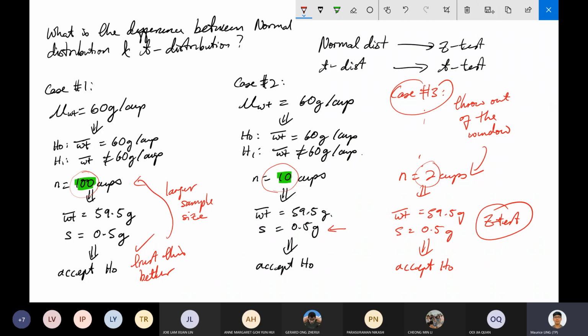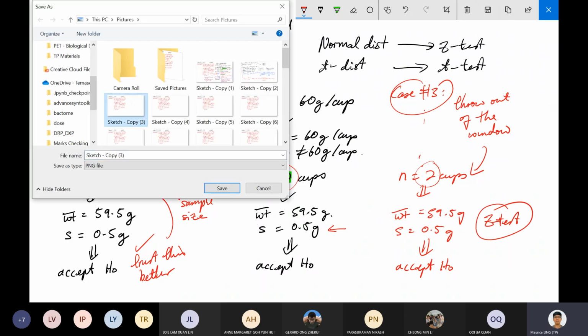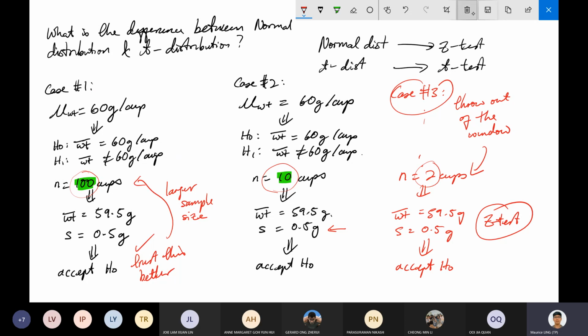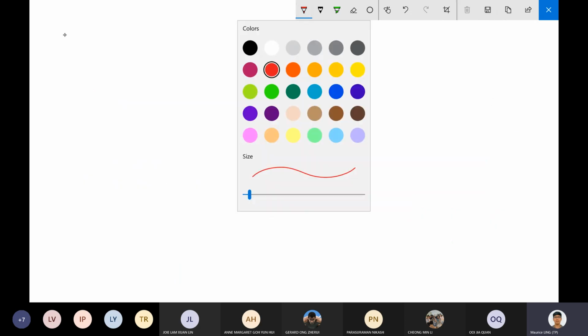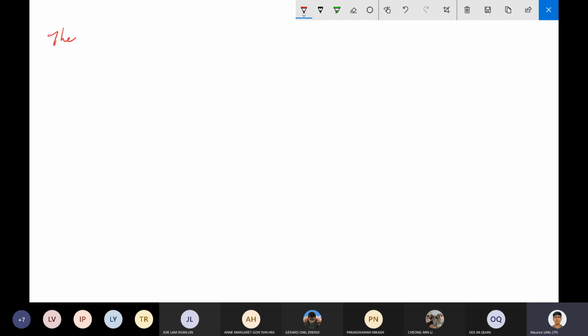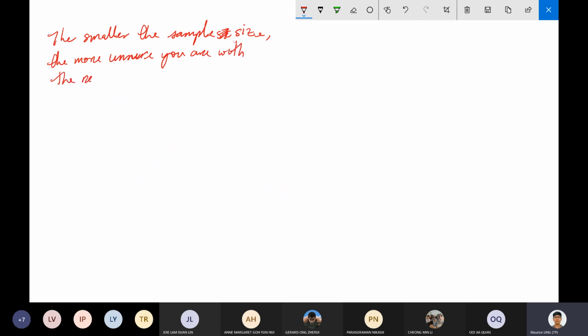Okay, so this concept is actually very important. The smaller the sample size, the more unsure you are with the results.